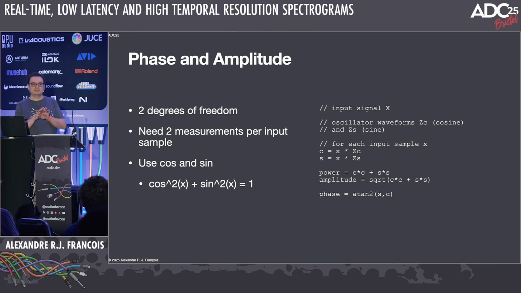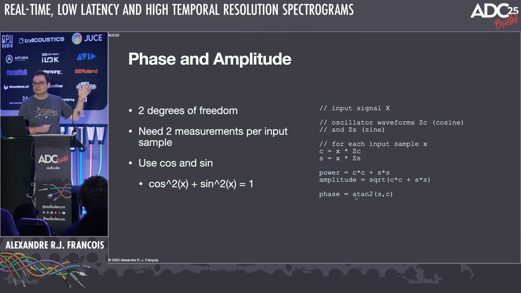The other important thing is that the cosine and the sine are offset by 90 degrees, if they have the same frequency. This way we get 2 measurements, and using the Pythagorean theorem, we can recover the power or the amplitude of the input signal, and we can also recover the phase using the arctangent. Very conveniently. This is just the intuition behind it.